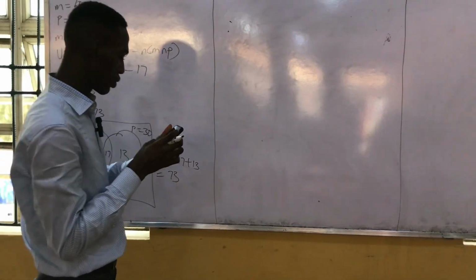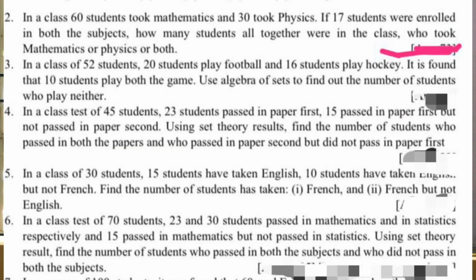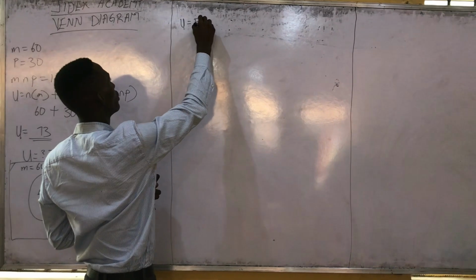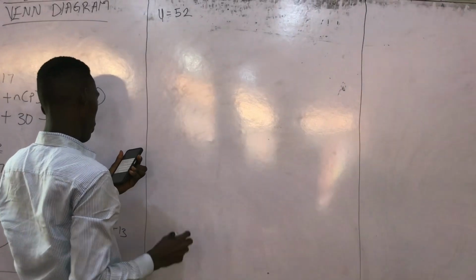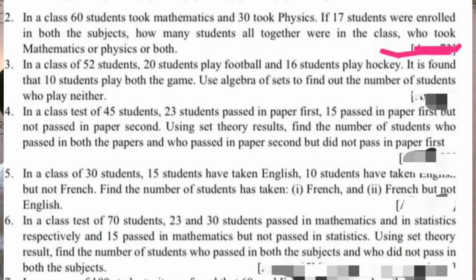And the next question goes thus. In a class of 52 students, so here we are given our universal set as 52 students. We are told that 20 play football, 16 students play hockey.